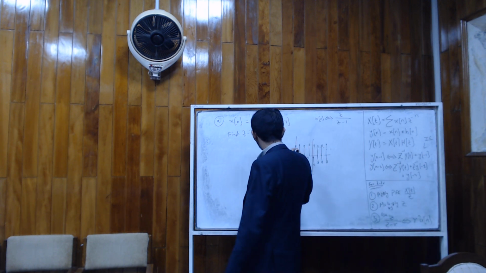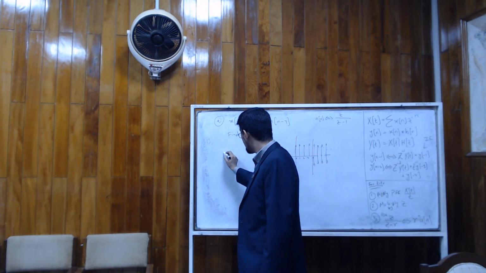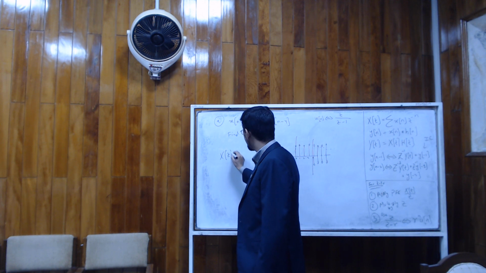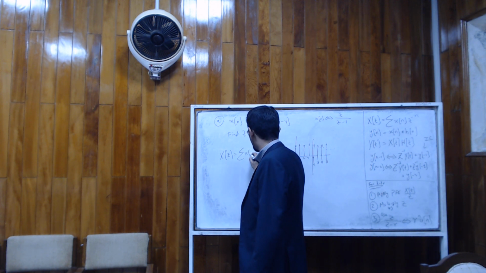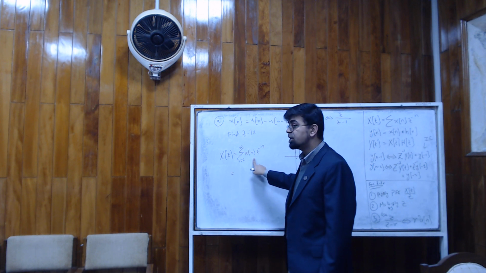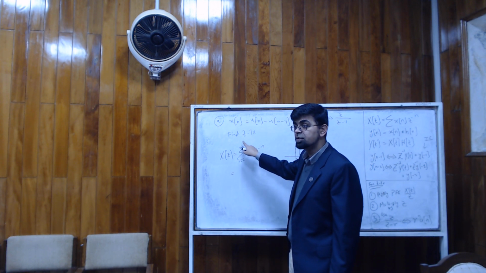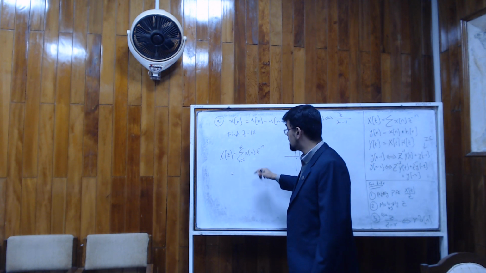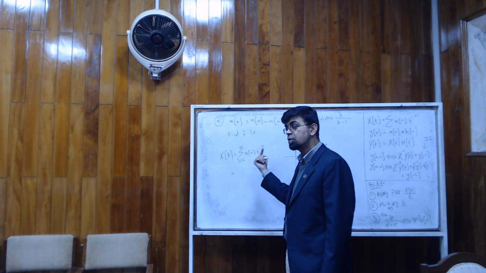Now if you understand this, then X(z) is the sum of x[n] z to the minus n, n from 0 to infinity. In this case, where is n now? 0 to 3, right? And what's the value from 0 to 3? 1.